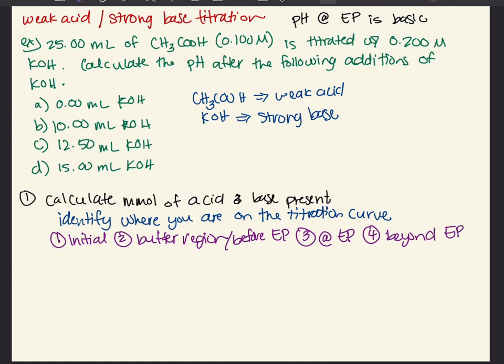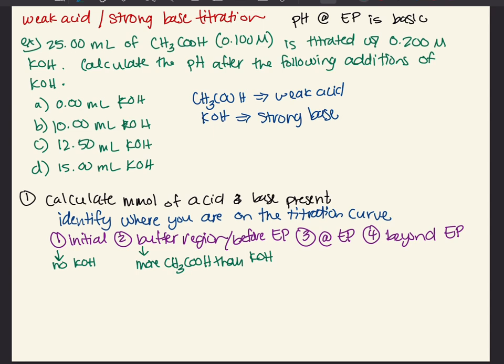So for this example that we're doing here, my initial point is going to be no KOH. And then at the second area, we're going to have more acid than the base.